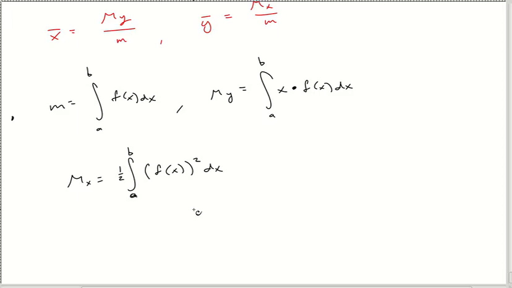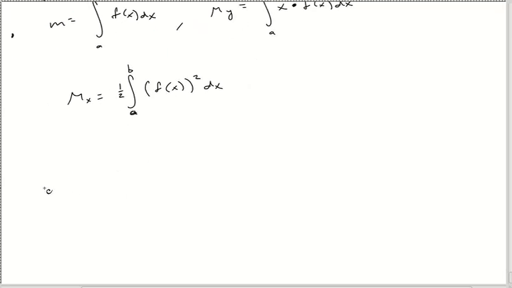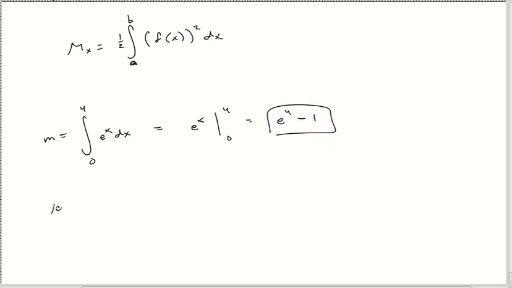Given that we have these formulas, it should be pretty easy to find the final answers. So my little m is going to be the integral from 0 to 4 of e to the x dx. I mean, that's really all it comes down to. So we get e to the x from 0 to 4, e to the 4 minus 1. That's my little m. My, again, dealing with the x values, I've got the integral from 0 to 4 of x e to the x dx.